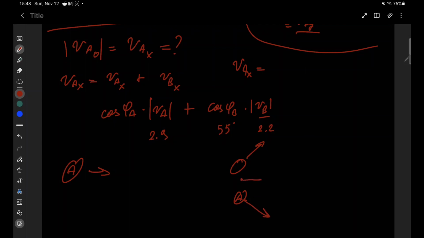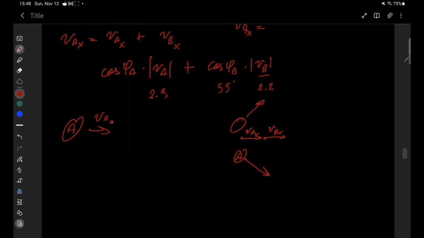So if we look at this like this, this will be VAX, VBX. We get this equation. This is VA0 x. So we get this equation right here, that the vector VA0x must be equal to the vector VAX plus the vector VBX.